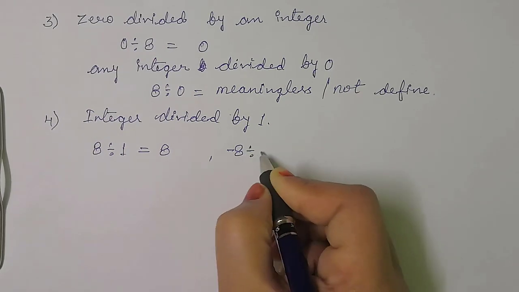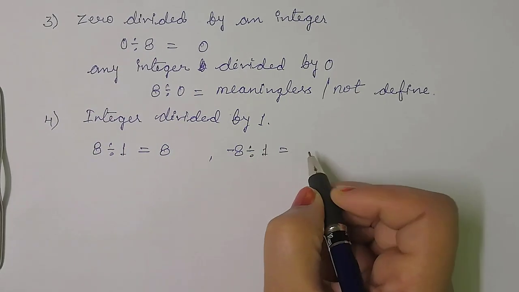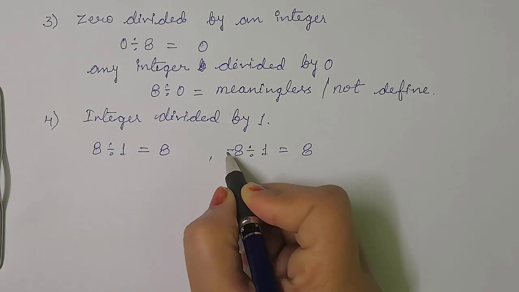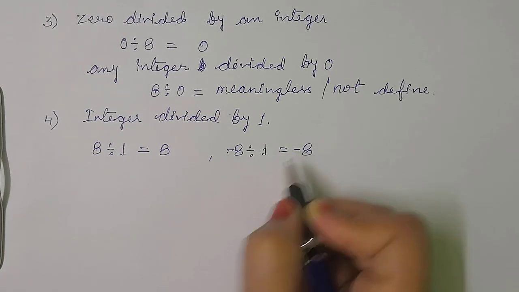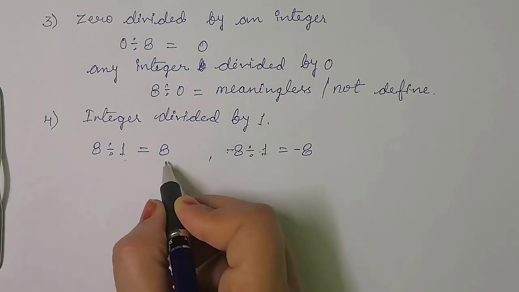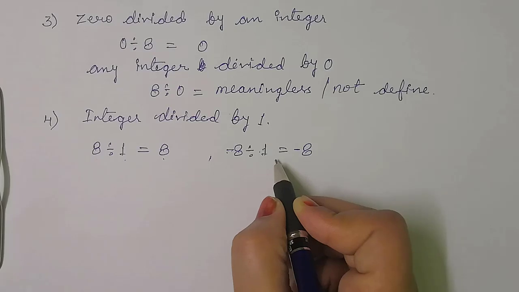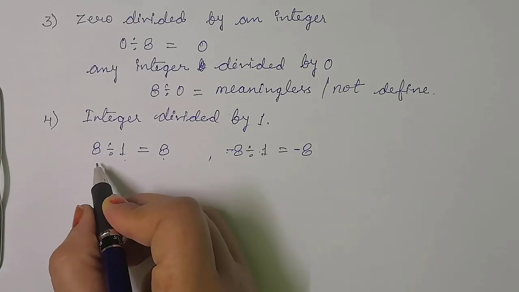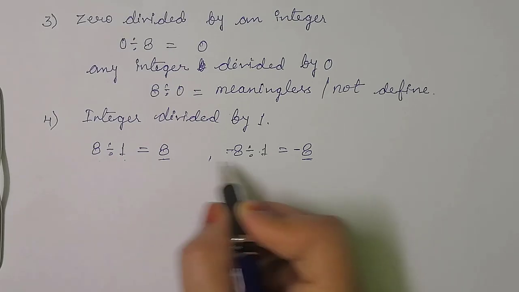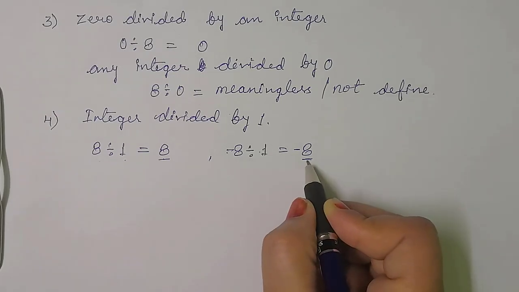When we divide minus 8 by 1, then what do we get? 1 eight is 8, so 8, and this minus stays minus. If we are dividing by 1, then we are getting the same quotient. Whatever we have taken as a dividend, we are getting the same thing. It is possible with negative integers also.